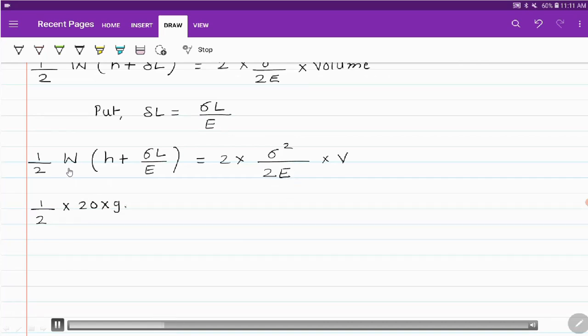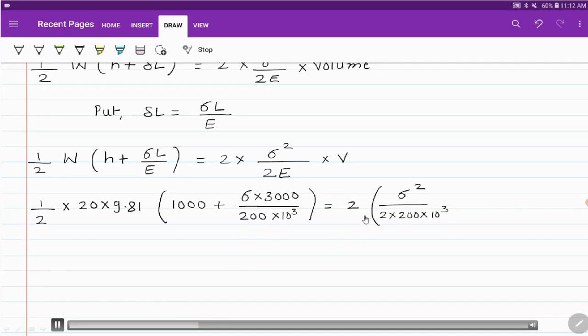Substitute the values now. W is 20 into 9.81, that is mass into gravitational acceleration. The height through which it is falling is 1000. Stress we have to find out. Length is 3000. Modulus of elasticity is 200 into 10 raised to 3. So 2 into sigma square upon 2 into capital E, that is 200 into 10 raised to 3 MPa, and volume, which we have just calculated, is 3.75 into 10 raised to 6.